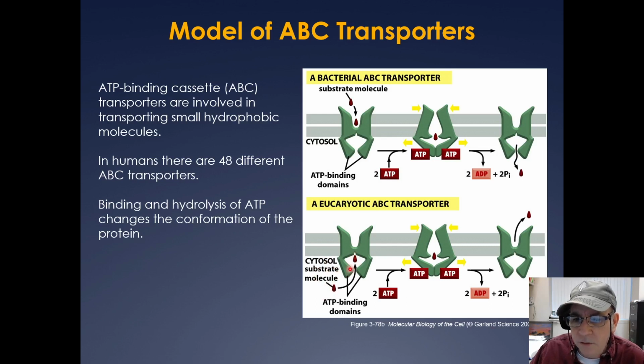It'll sit in this vestibule here, then two molecules of ATP will bind, and the ATP binding causes a conformational change, and then the small solute can move into the middle, and then the ATP is hydrolyzed into two ADPs and two inorganic phosphates, and it goes back to its resting conformation, and then the solute's free to move outside the cell. Okay, so this is just another example of ATP binding and hydrolysis that can cause conformational changes in proteins.